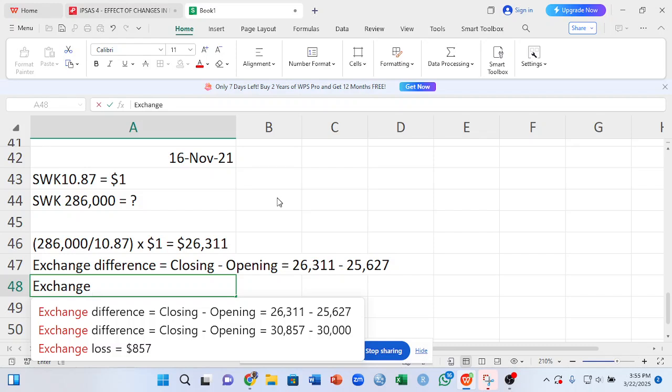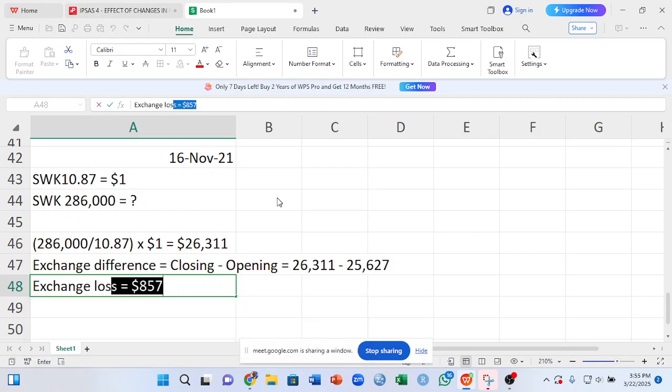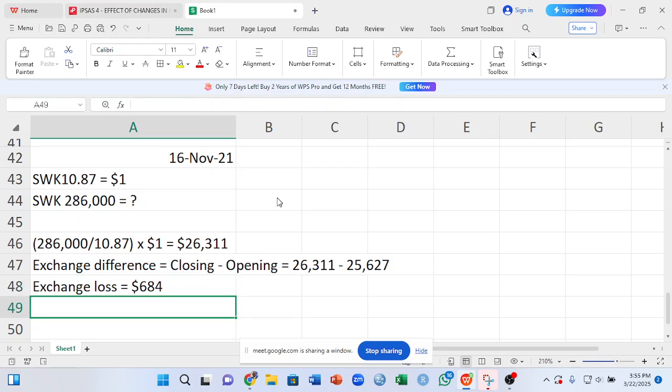That's correct, well done. So the difference is 684.